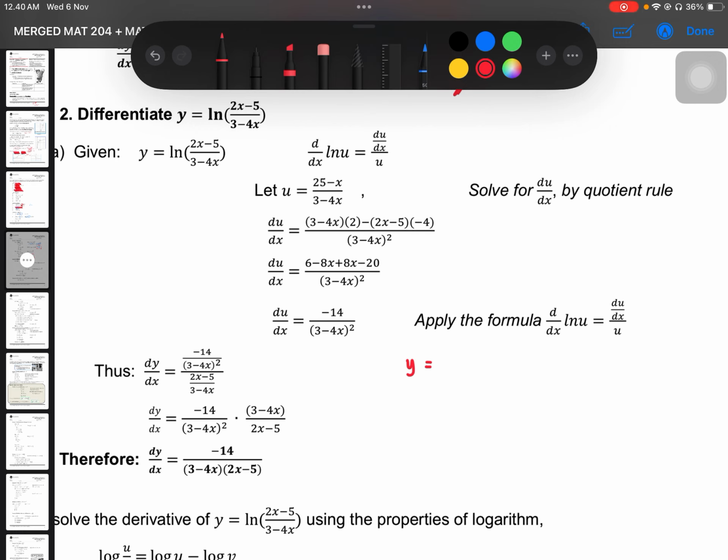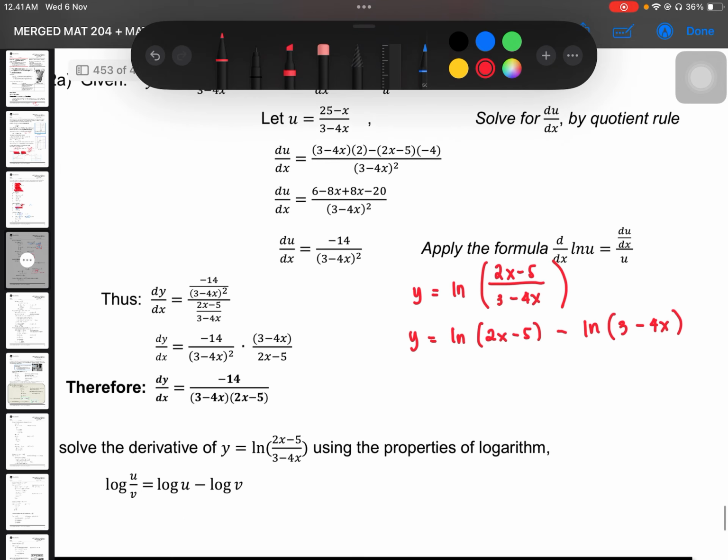Okay, so we have y is equal to ln of 2x minus 5 over 3 minus 4x. Di ba sabi natin kanina sa logarithm, kapag ganyan na may naka-divide, palitan na lang natin siya ng minus. Then we have ln of 2x minus 5. Then, minus the ln of yung nasa denominator naman, ln of 3 minus 4x. Okay, so mas madali siya, di ba?